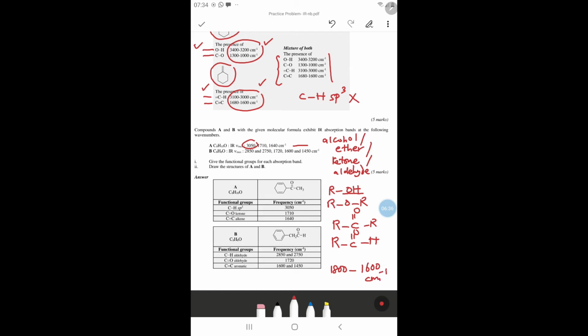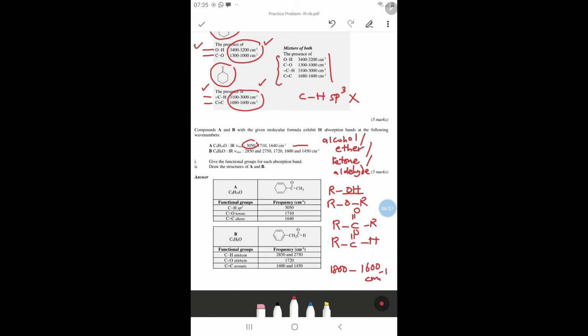Carbonyl is normally 17 something, and only amide is less. You can just refer to the correlation chart. The problem with students is they have the answer in the correlation chart, but they don't know how to use it. So between 1800 and 1600, it might be a carbonyl.